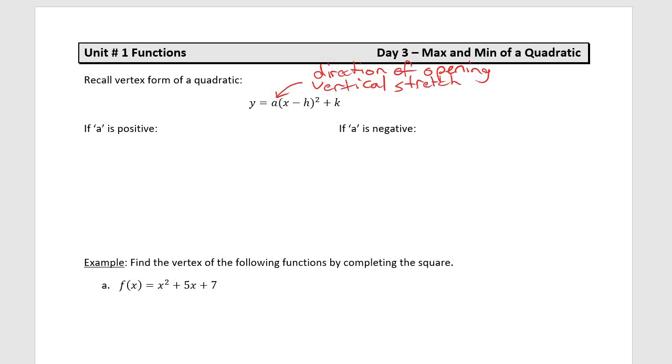We have K, which is our vertical shift, or more formally, a vertical translation. And then we have H, which is the horizontal translation.